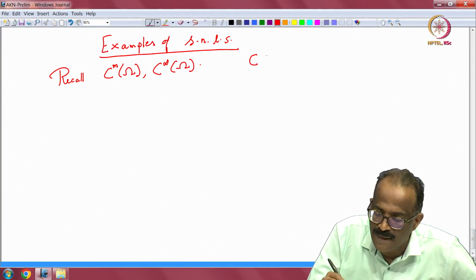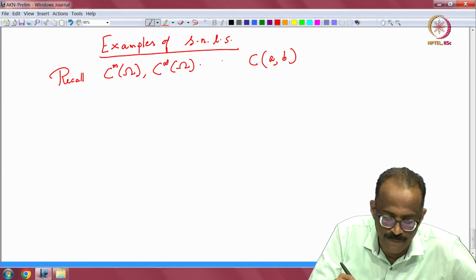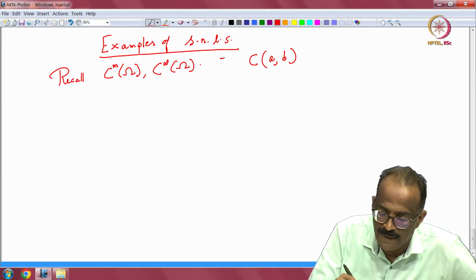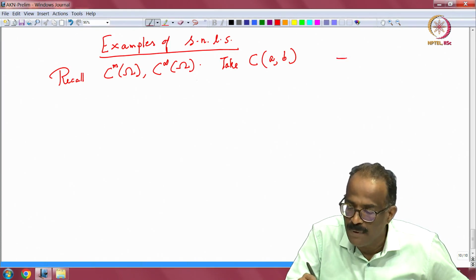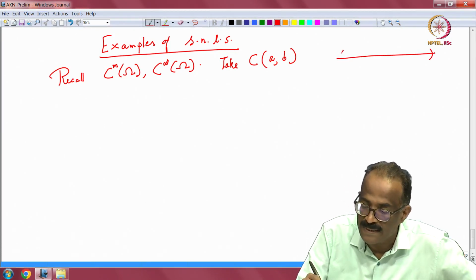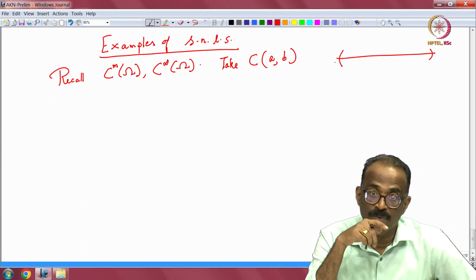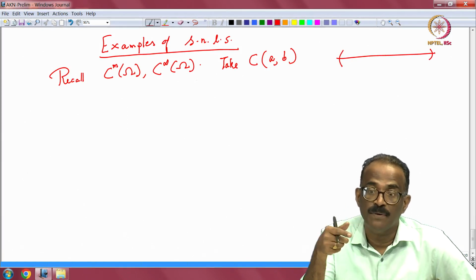So, let us again motivate C of (a, b). Recall, consider C of (a, b). So, you have an (a, b) here. As I said, you can't take the supremum norm of f, because that will not be finite.